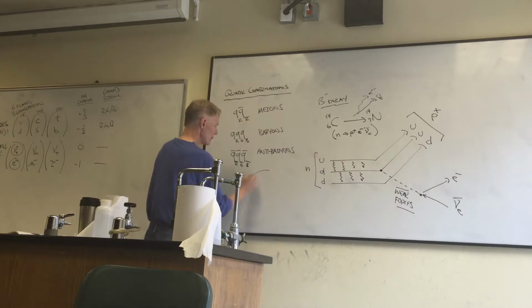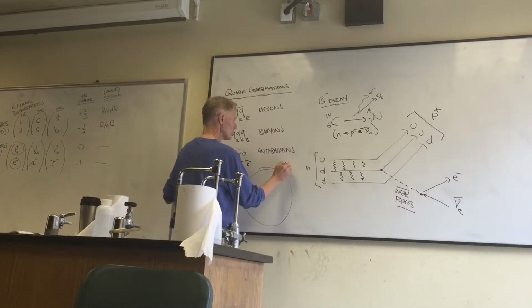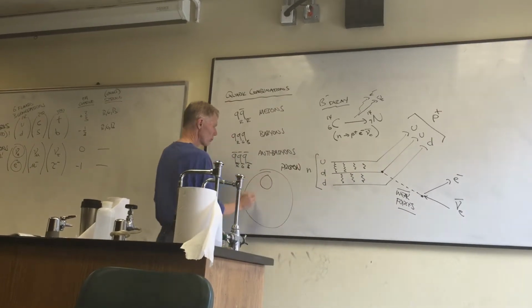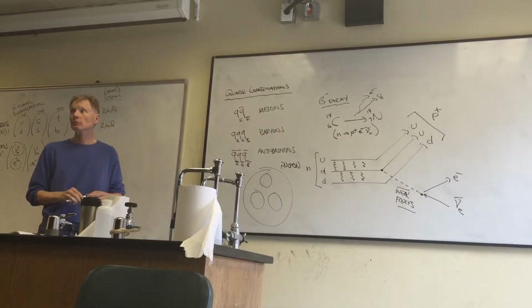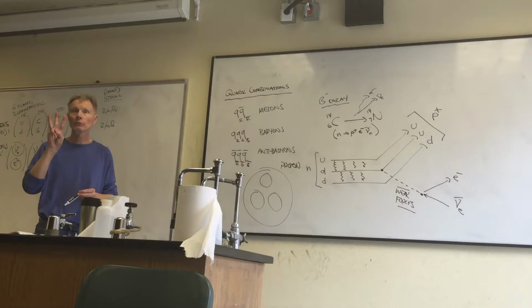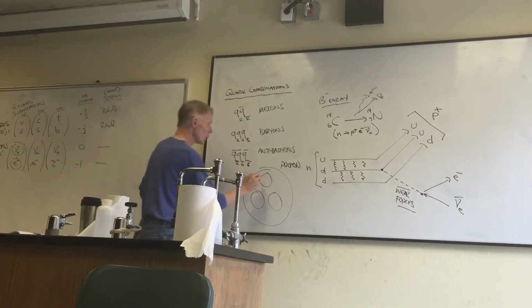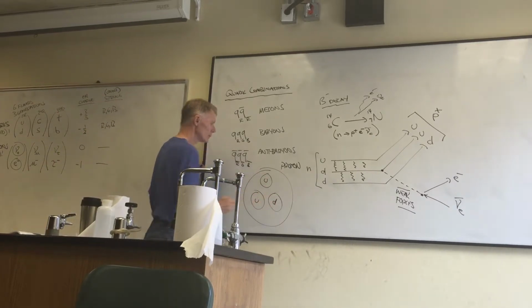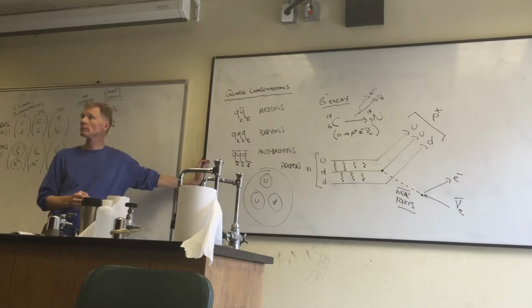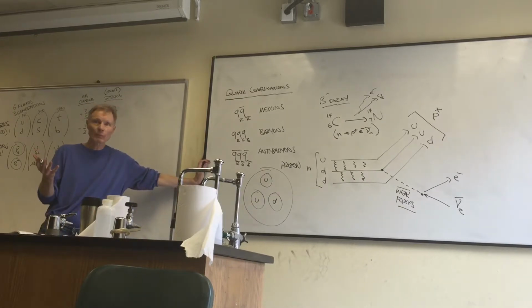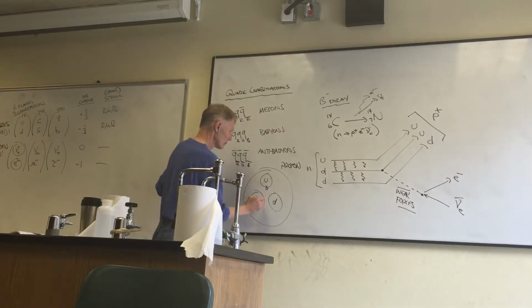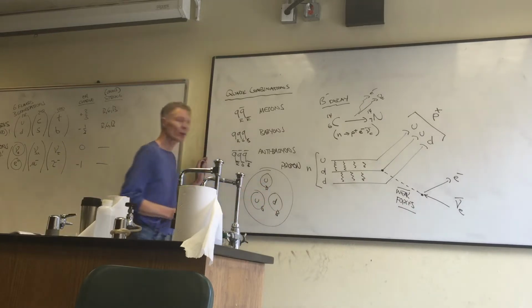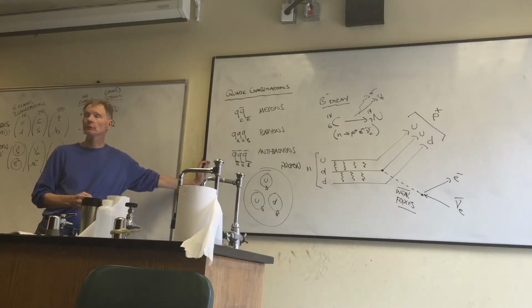If we go back and take a picture of our proton, here's our proton. How many quarks did we have? Quarks in the proton? 3. So up, up, down. What are their color states? Somebody's got to be red, somebody's got to be green, somebody's got to be blue. It doesn't matter which one. And what's holding everything together?